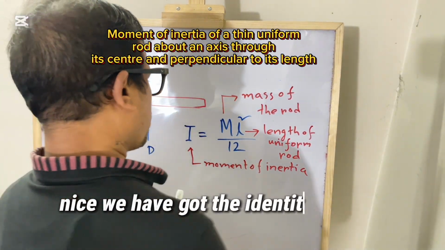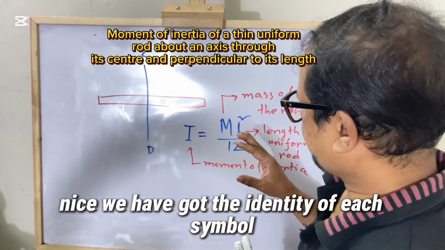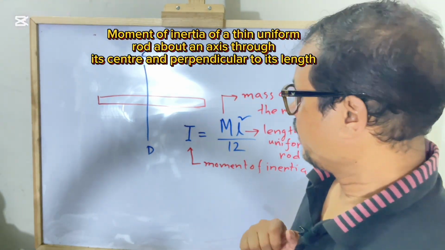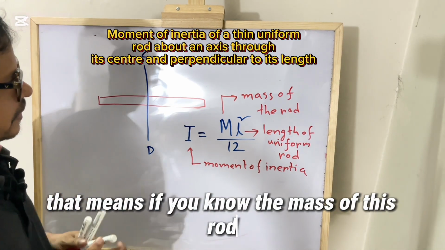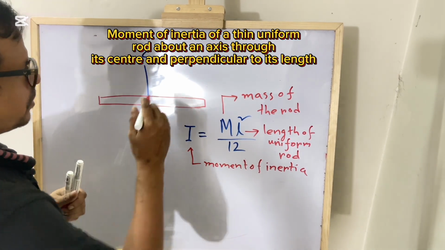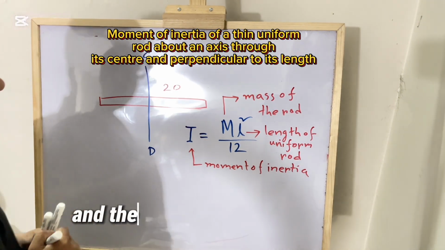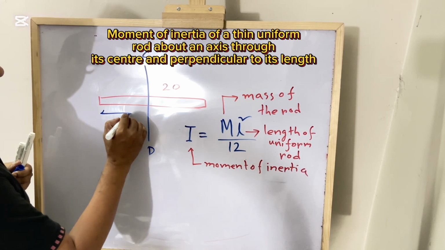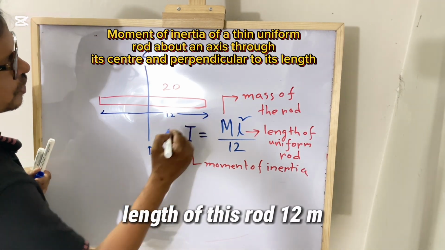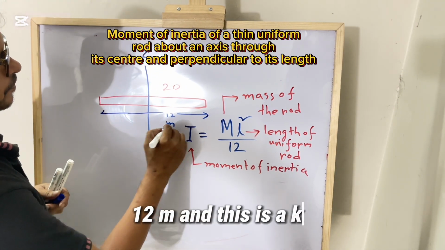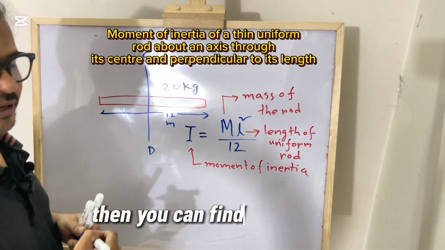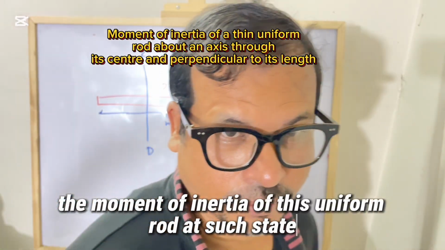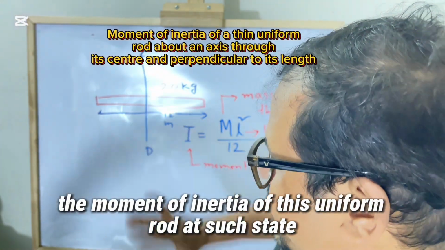Nice. We have got the identity of each symbol in I equals M L squared upon 12. That means if you know the mass of this rod is 20 kg and the length of this rod is 12 meters, then you can find the moment of inertia of this uniform rod in such a state.